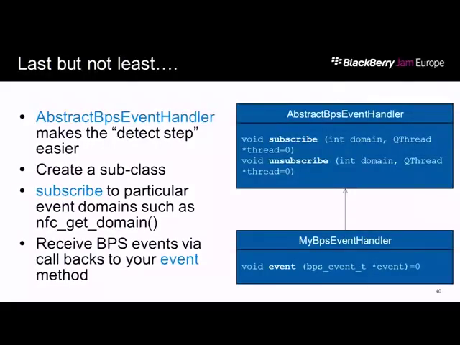And you can extend this particular class, and you can use its subscribe method to indicate what families or domains of event type you're interested in, and it will make callbacks to your subclass to indicate that events of that type have occurred. So instead of sitting in an event loop and reading from the BPS queue of event objects, you'll get callbacks. Which you use is entirely up to you. It's personal preference. What style of programming do you prefer?